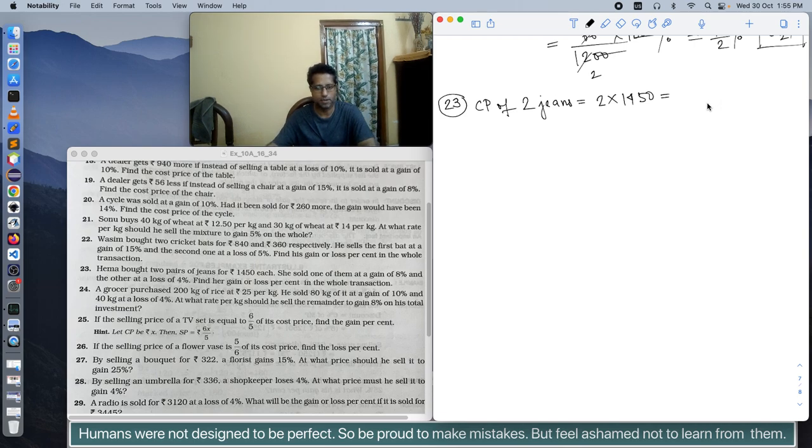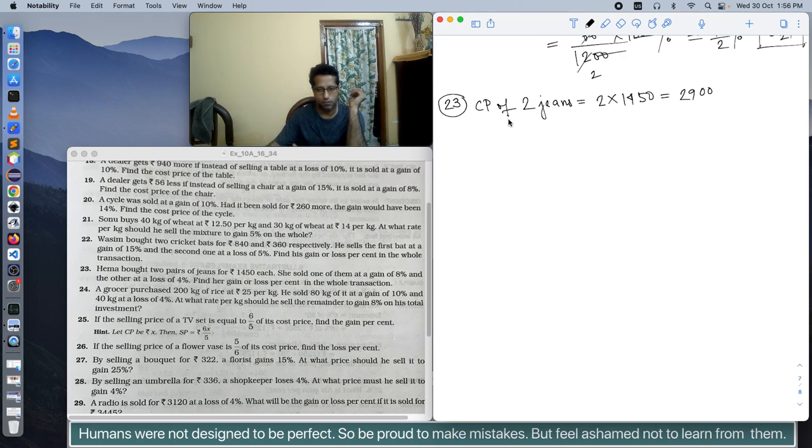Please note that. So 2 into the cost of each jeans, which was rupees 1450. So the cost of two jeans will be 2 into 1450, which is 2900.